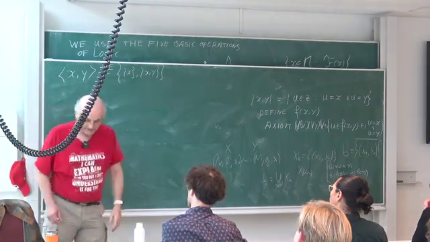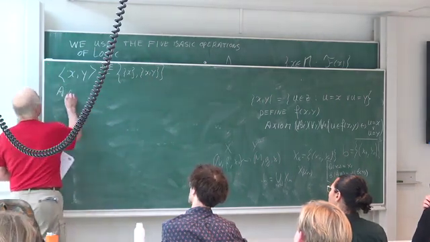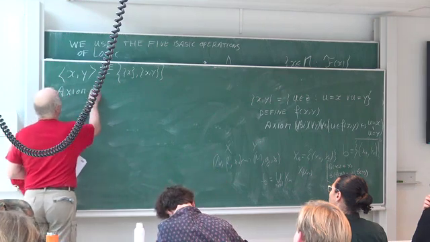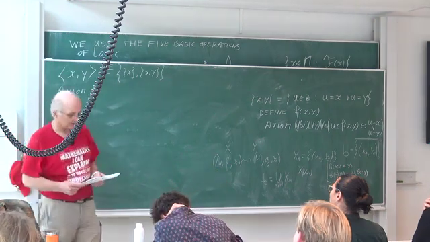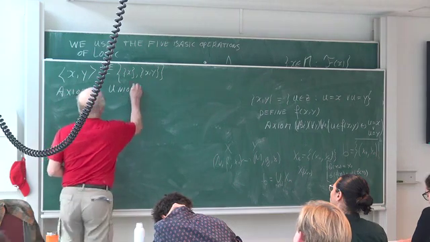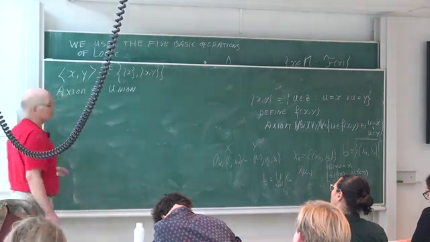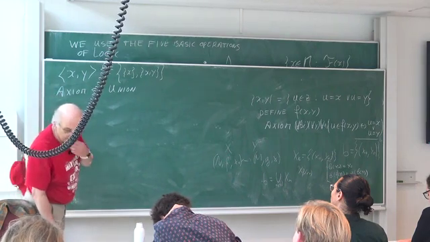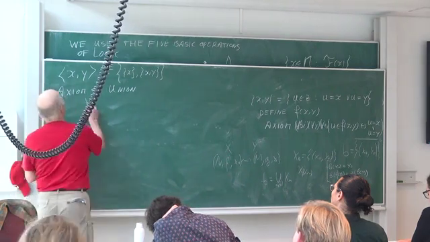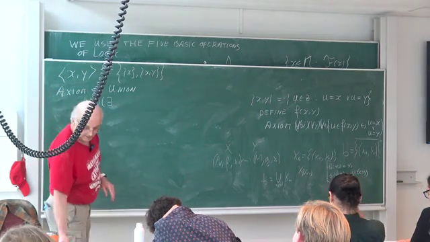Okay, what other axioms do we have? Well, axiom 5, again in Kunen's list, is union. Well, that we already talked about.